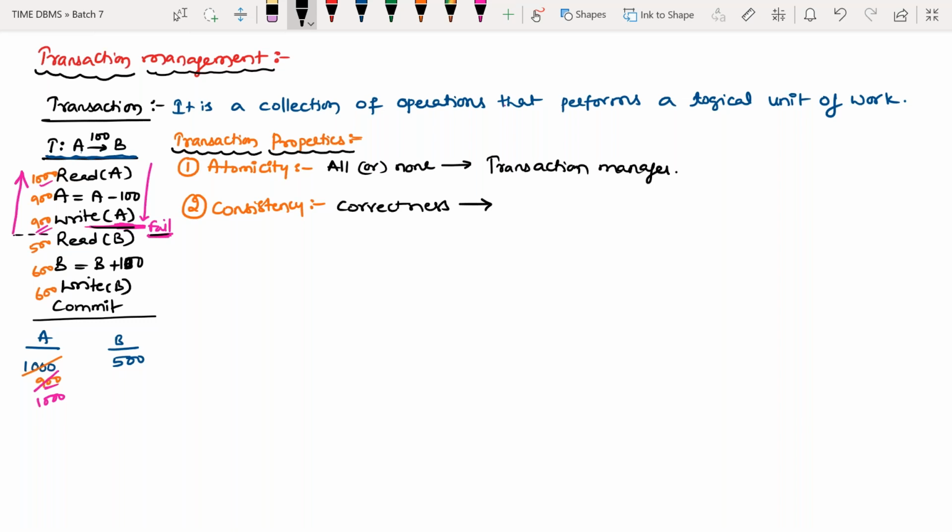That is what we call correctness. Consistency means correctness. Who verifies the consistency of a database system? Consistency is verified by the programmer who writes programs over the database system, called the application programmer.